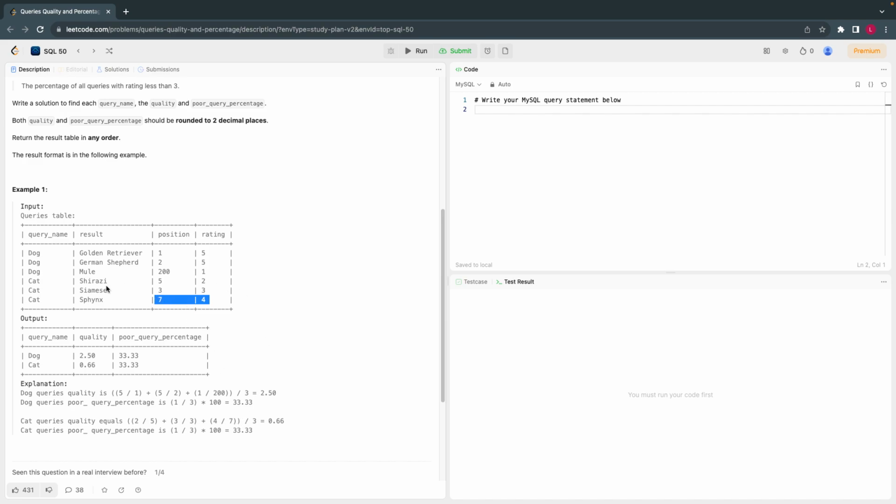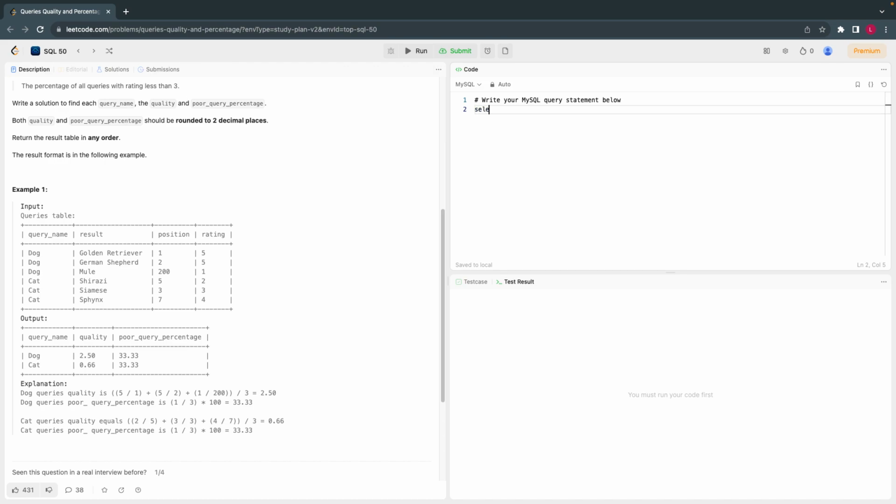Then we divide by the total number of records, whatever it might be. Here it is 3, that's the reason they are giving 3. So basically we sum these values and divide by the total number of counts, which is nothing but the average for each of these.